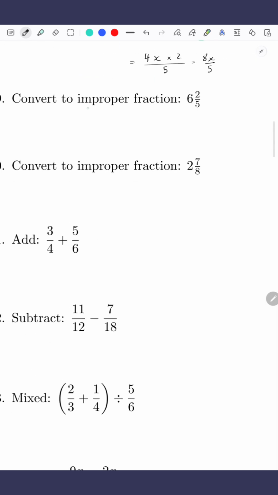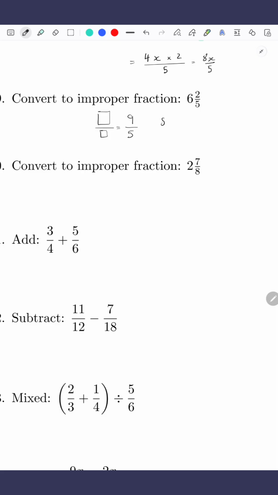Okay, new skill alert. We have to change an improper to a mixed and a mixed to an improper, okay? So we want to get an improper fraction, which means that the number on top is bigger than the number underneath. An example would be 9 over 5, okay? So you've got a bigger number on top. Interestingly, this means that the number is more than 1.